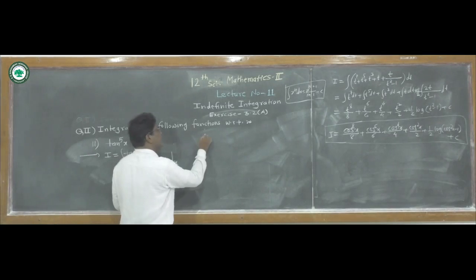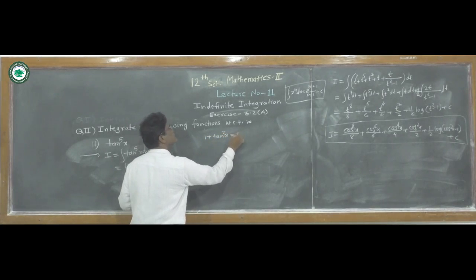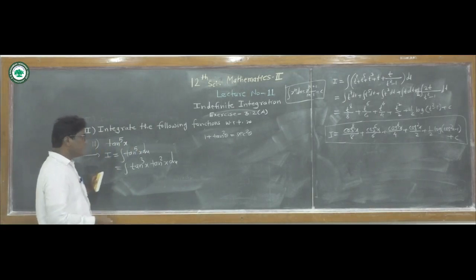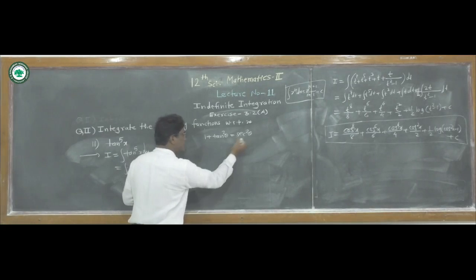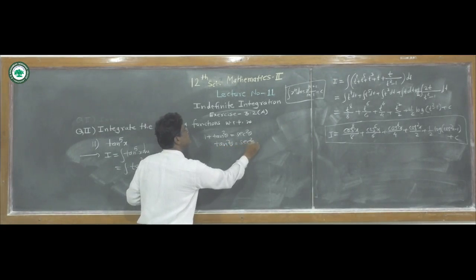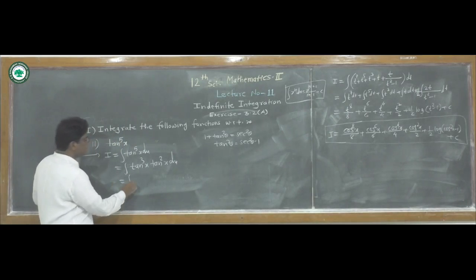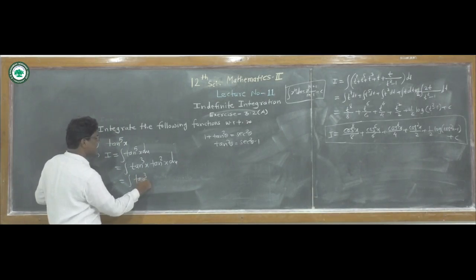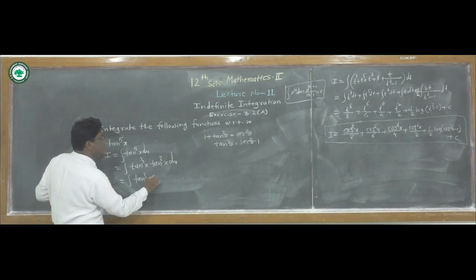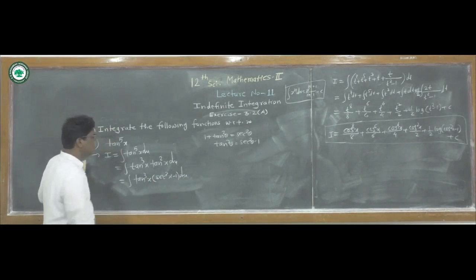We know that the second fundamental identity is 1 plus tan square theta is equal to sec square theta. From this, tan square theta is equal to sec square theta minus 1. And therefore this is equal to integration of tan cube x into, we replace this tan square x by sec square x minus 1, dx.